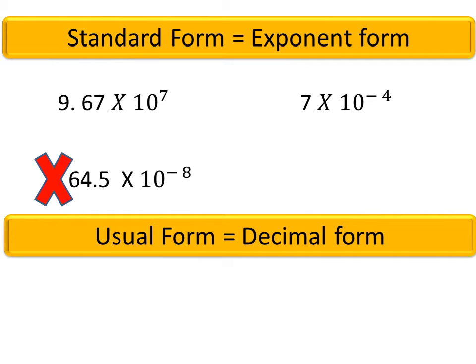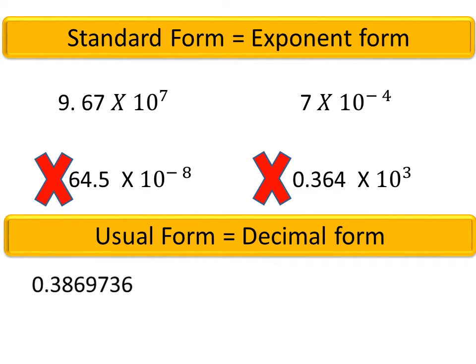In standard form, we should have only a single-digit number in the whole part. In this example, 0.364 into 10 to the power 3, you do not have any whole part, so this is not a standard form.